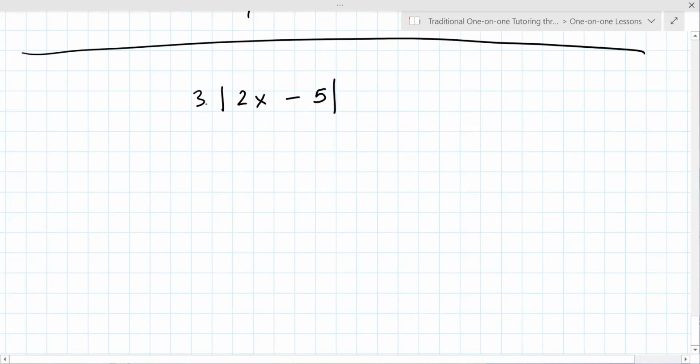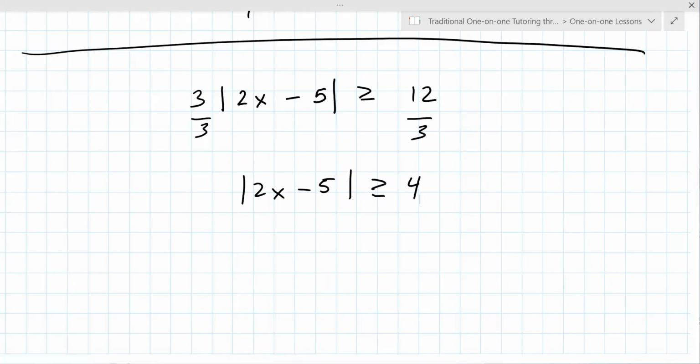Let's put a 3 here, absolute value greater than or equal to 12. Divide by 3, I guess. Yeah, you have to isolate the absolute value. So you divide by 3: absolute value of 2x minus 5 greater than or equal to 4. This is when you can make the determination about what you were doing.